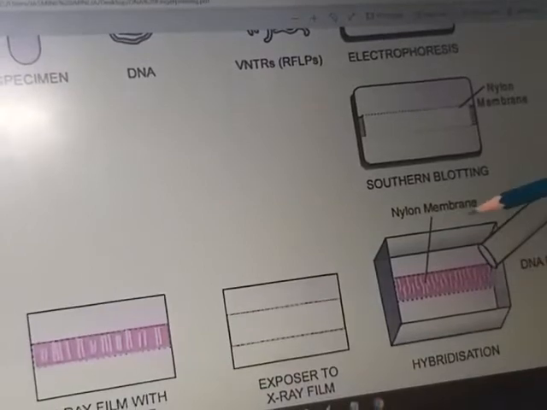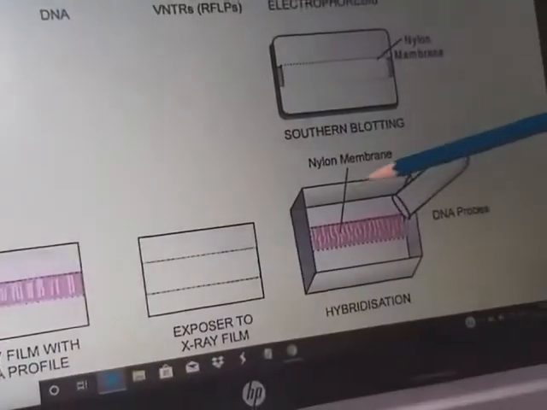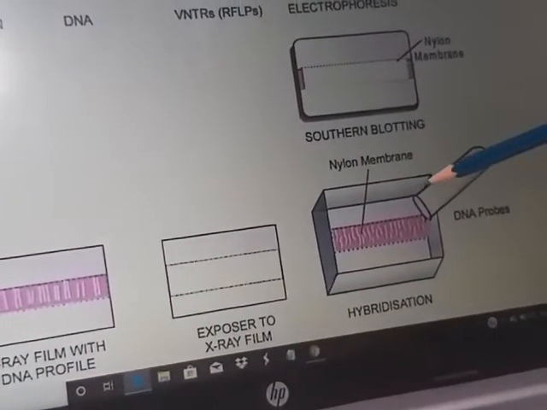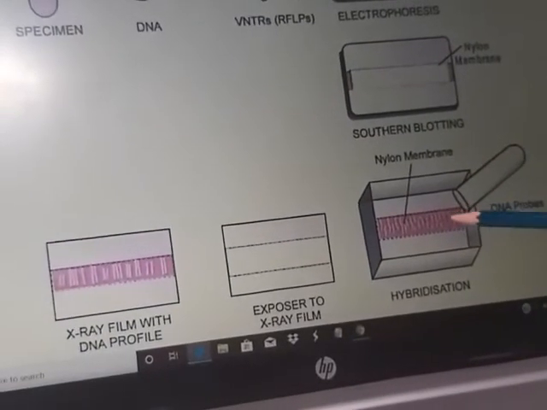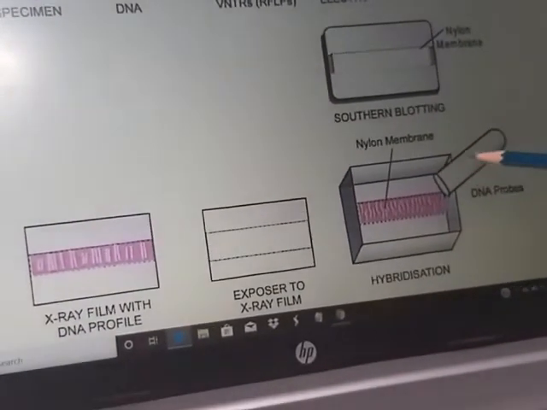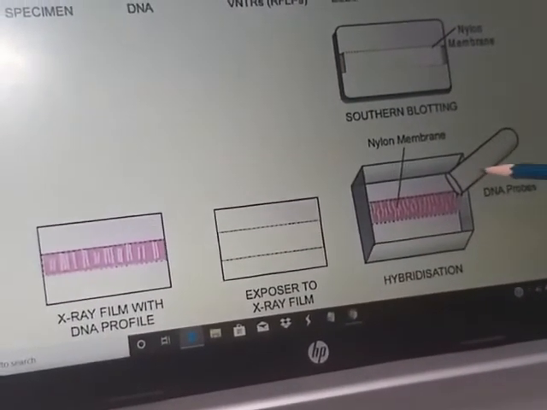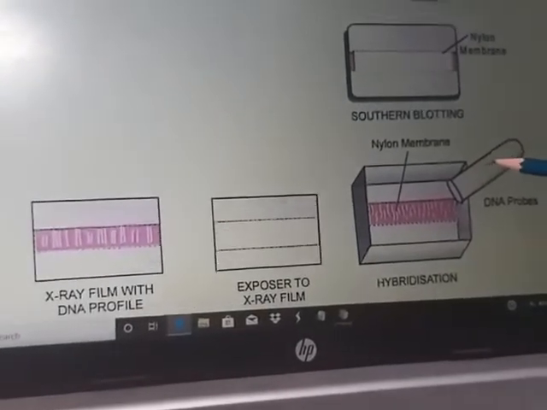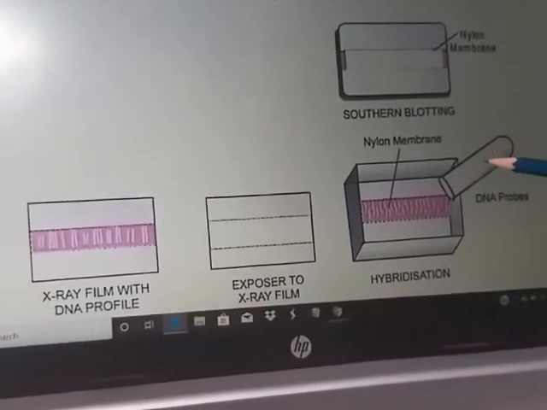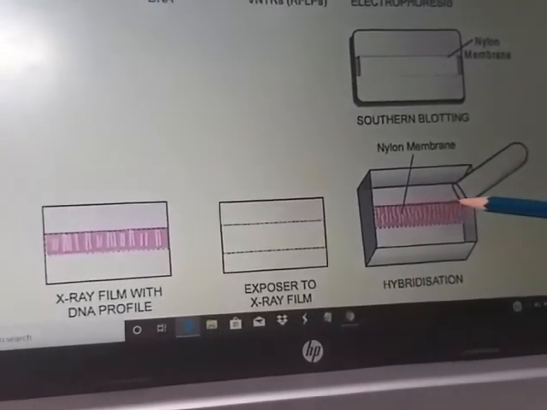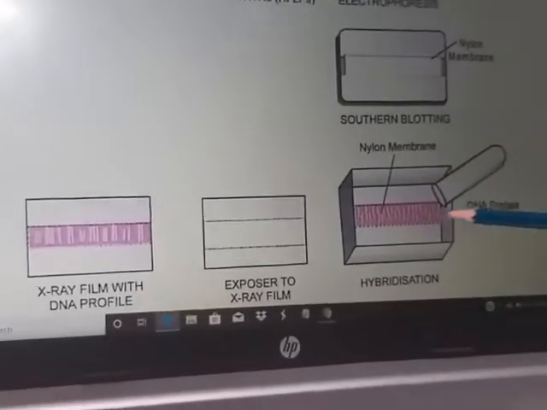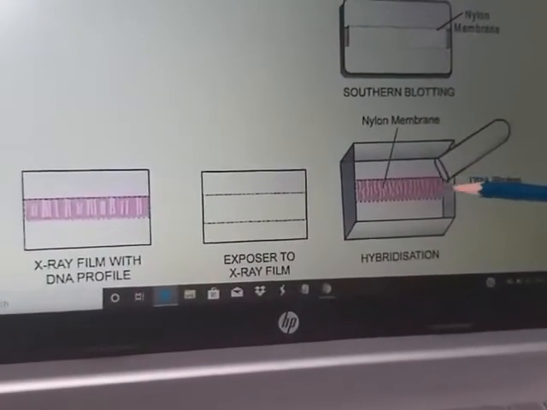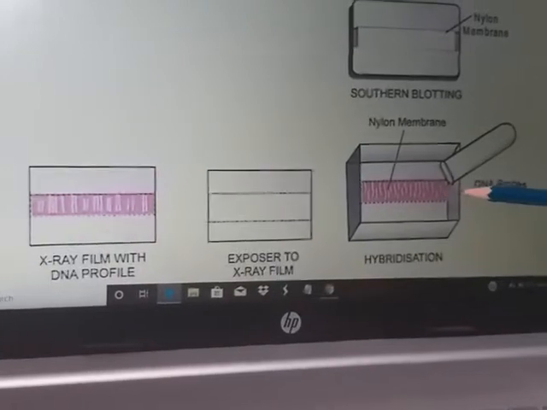Here they are placed in a bath and over the nitrocellulose sheet. Now we are adding the probes, means we are adding with this tube some known sequences which are synthetic and also labeled and also single stranded. They will bind, they will hybridize on finding complementary sequences.